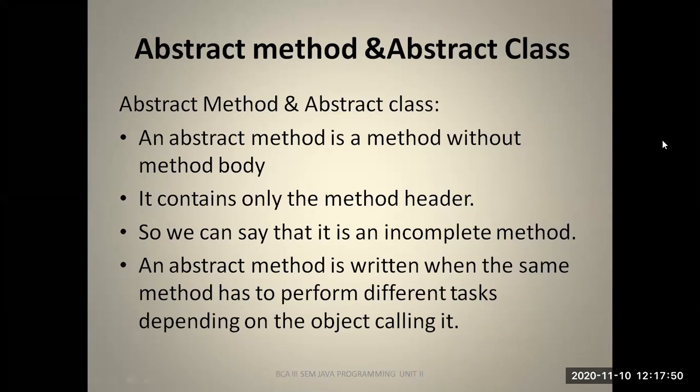Next, we have an abstract method which is written, and the same method has to perform different tasks depending on the object calling it. What do you mean by this? This is one type of method overriding also, but with the abstract keyword. An abstract method is written when the same method has to perform different tasks depending on the objects.